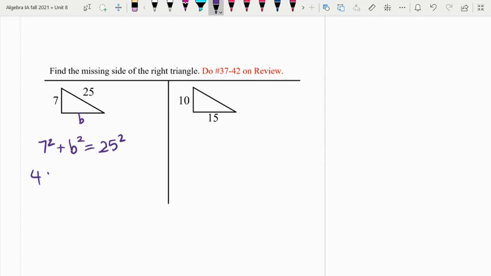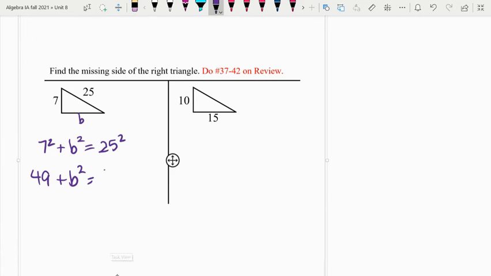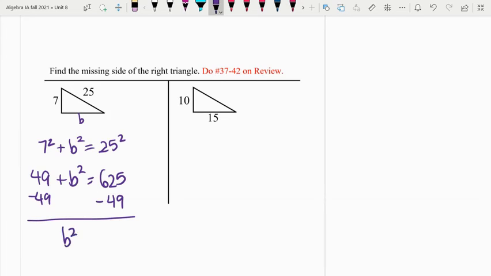Use your calculator. So 49 plus b² equals, find a calculator. So 25 squared is 625. So subtract 49 from both sides. So b² equals 625 minus 49, 576.